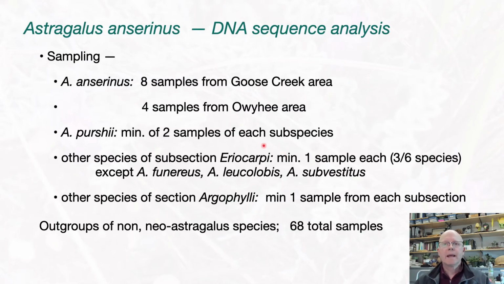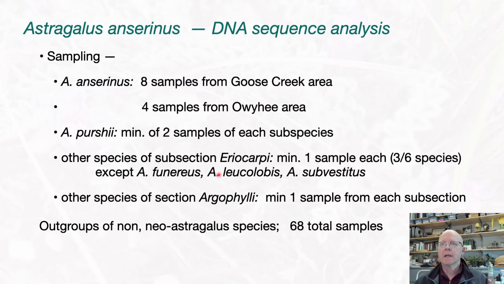So our plant sampling included 8 samples from the Goose Creek area of Astragalus anserinus and 4 samples from the Owyhee area. We included at least 2 samples of each of the subspecies of Astragalus pershii. We included other species from section Eriocarpi with at least 1 sample of each one. There are 3 species that we do not have in our herbarium, not been able to sample until this coming field season.